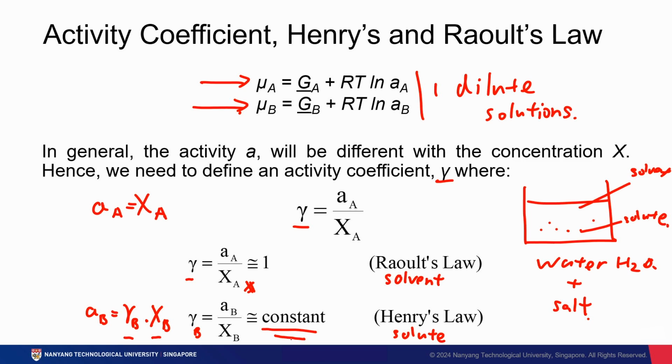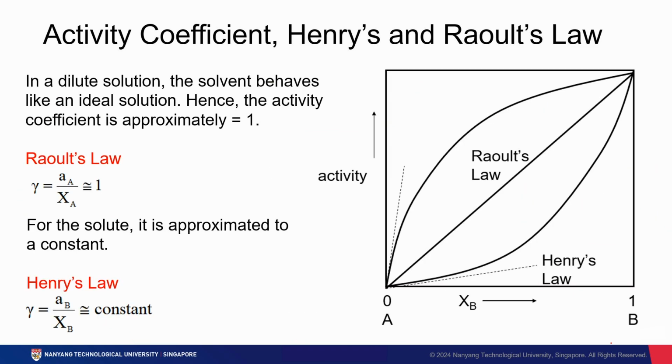And so all we need to do is figure out the mole fraction of B, and we will be able to substitute this in. So in a dilute solution, the solvent essentially behaves like an ideal solution. Hence, the activity coefficient is approximately 1.